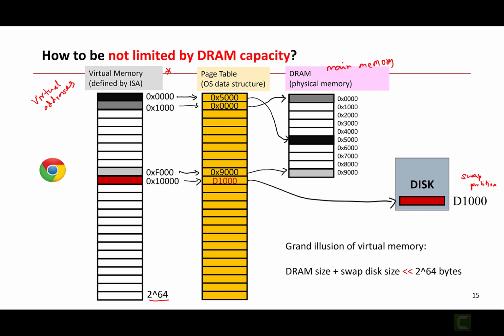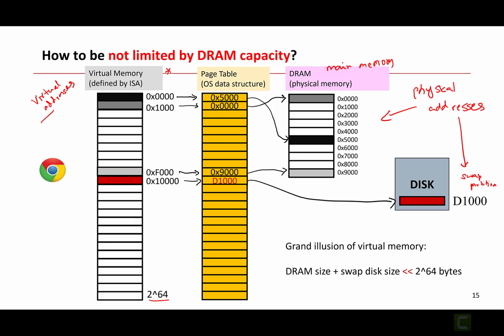Okay. Now we're going to call the addresses that refer to a physical location on either the DRAM or the disk a physical address, which is different from the virtual address that we talked about earlier. Okay, so now we have virtual addresses, which is defined by the ISA, and we have physical addresses that refer to physical locations on your computing system.